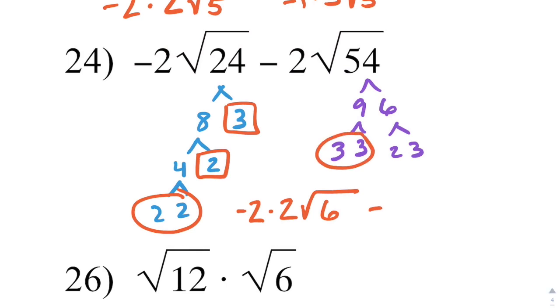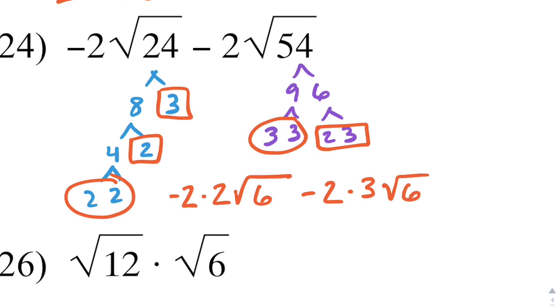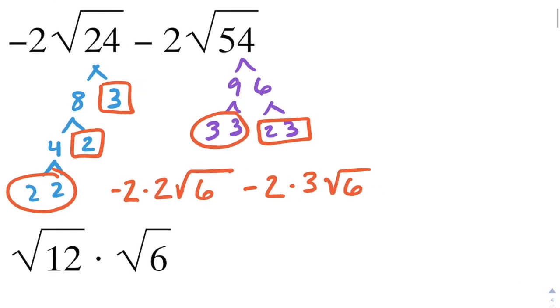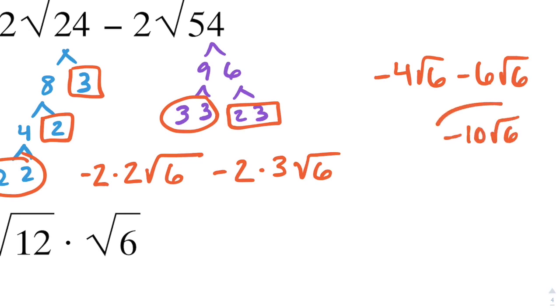We have a negative 2, original negative 2, times the 3 I'm pulling out, and then we have a 2 and a 3, so that's a 6. 2 times 3 is 6. So looks like we have a negative 4 square root of 6. Take away 6 square root of 6, which is negative 10 square root of 6 total.